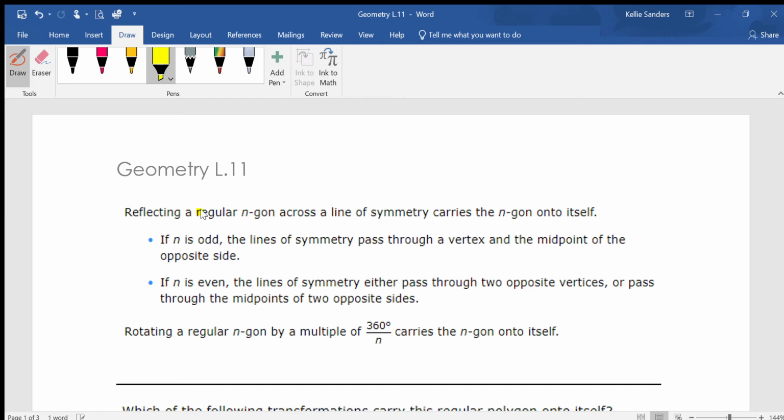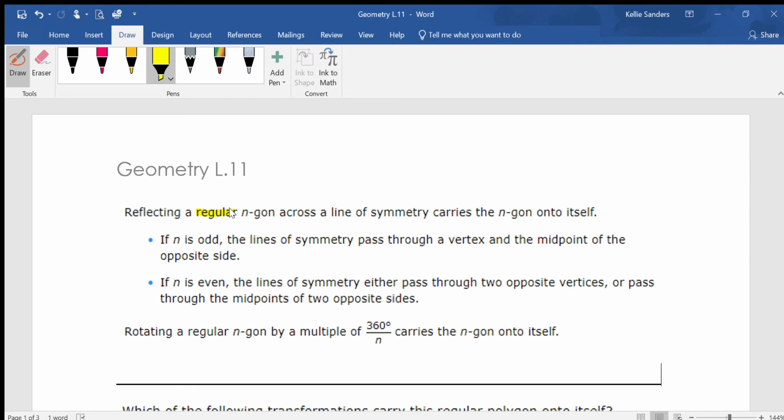Now, this is going to make a difference whenever we have an irregular polygon. A regular polygon is when all of the sides are the same length and all of the angles are the same size, okay? On most of these problems in L11, they're going to be regular, but sometimes they're not.